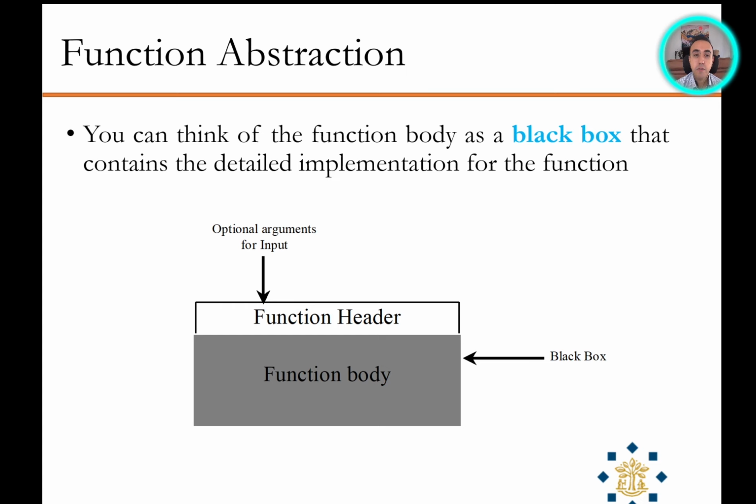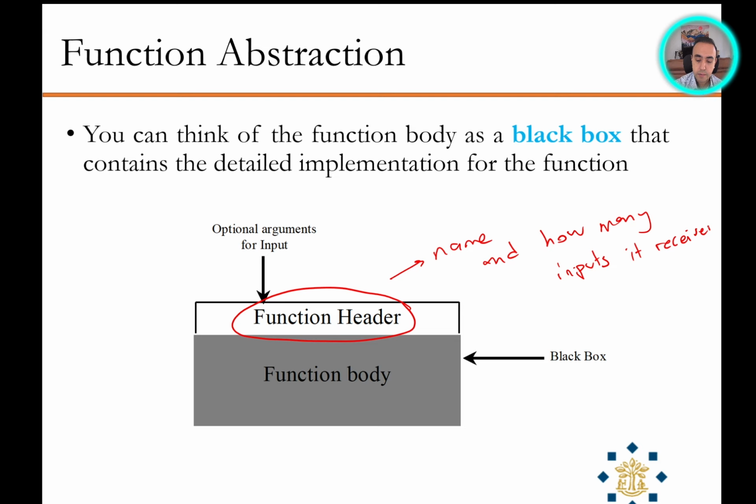So you can think of the function as a black box. You don't really know what the detailed implementations are. You just know the header. That is the name of the function, the name and how many inputs it receives, right?